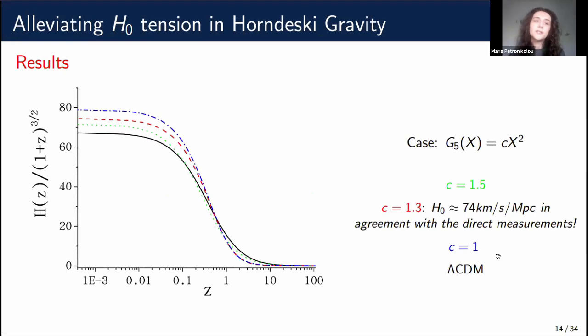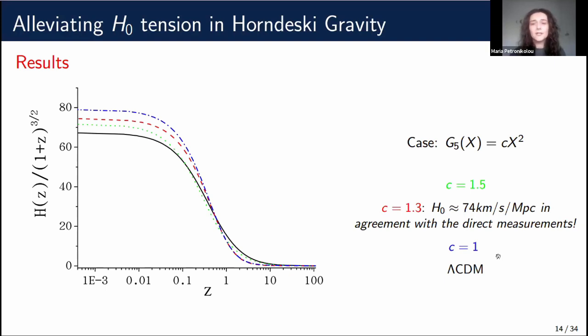So here are our results for the first class we constructed, where G5 has a quadratic dependence on the kinetic energy x. We see through this plot of the normalized Hubble parameter as a function of the redshift that indeed at the early universe our model is identical to that of the lambda CDM, since we introduce late time deviations.